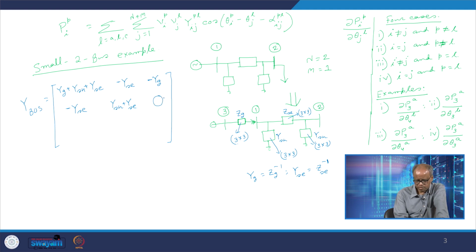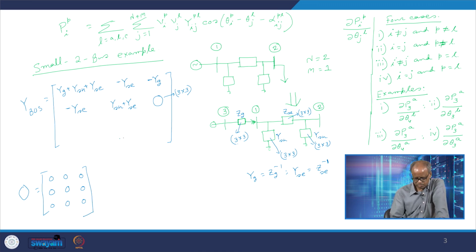So this is a 3 cross 3 matrix. This 0 is nothing but a 3 cross 3 null matrix, right. So 0 is a 3 cross 3 null matrix.